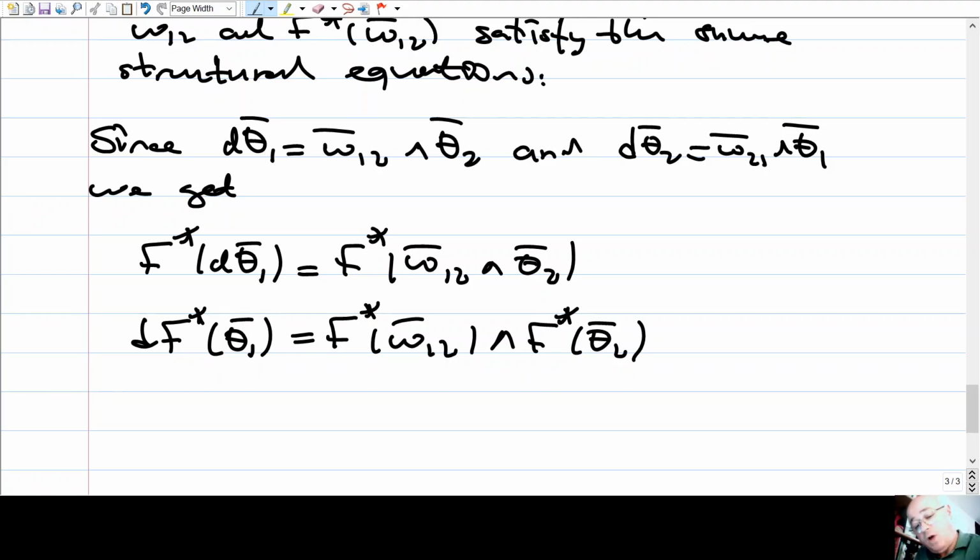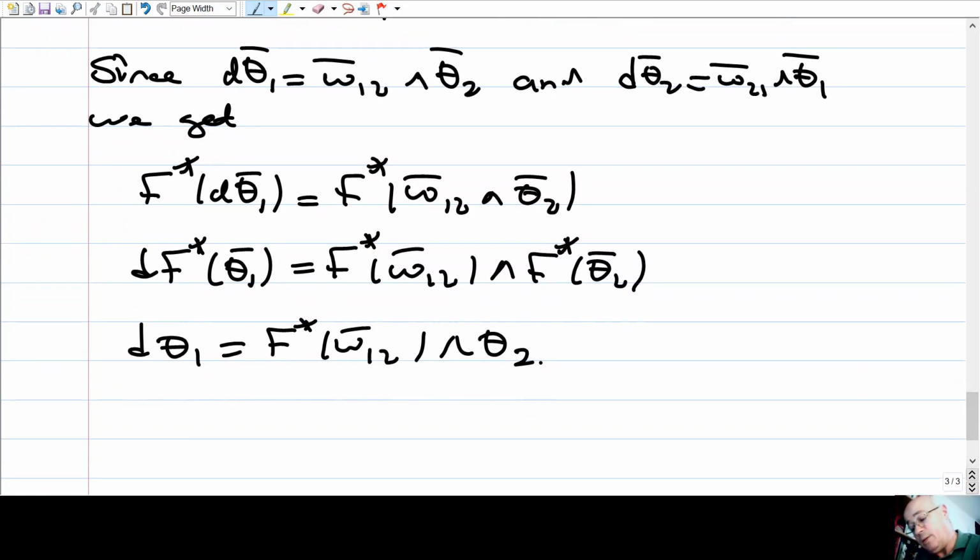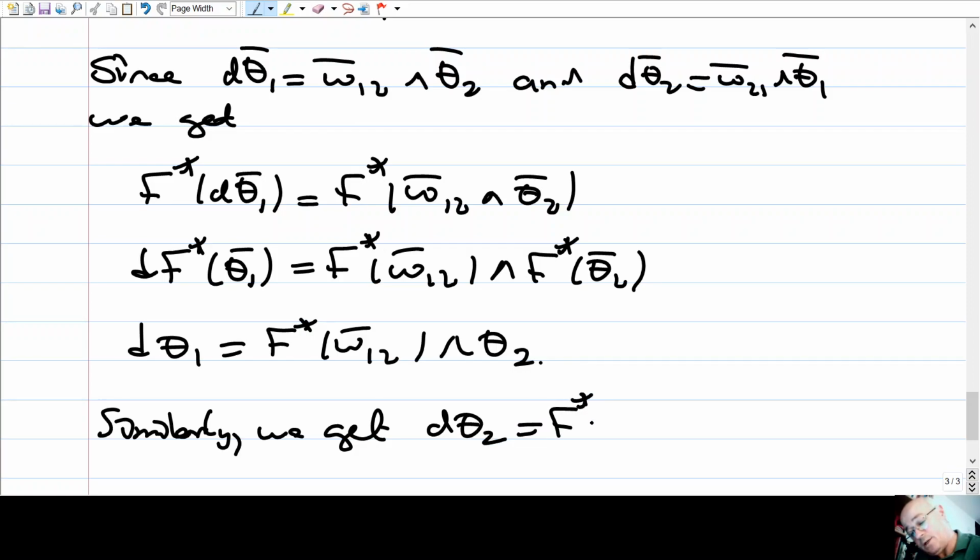However, by part 1 we know that this is just theta 1 and this is just theta 2. Well, similarly, by taking pullback of this via f star, we get this, d of theta 2 is f star omega 2 1 bar wedge theta 1.